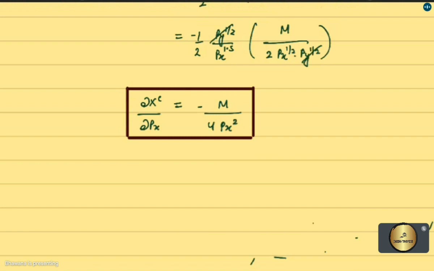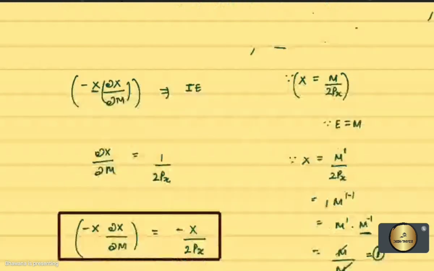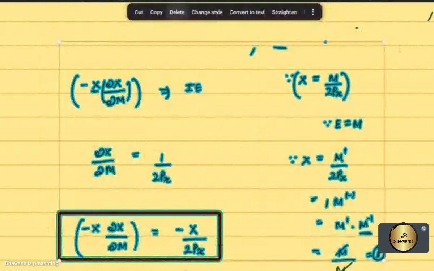Now we'll derive an expression for x with respect to E or M. We will write it as M because at equilibrium your income is equal to your expenditure, and we have been given x equals m by 2 px, and we have to differentiate this x with respect to m.